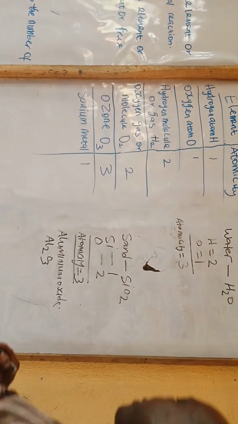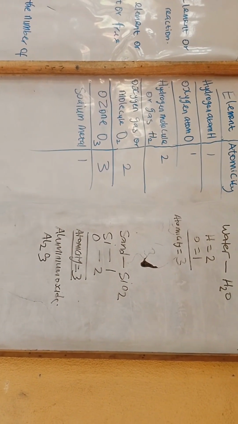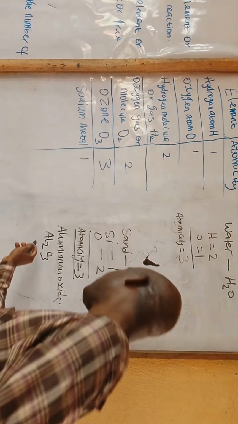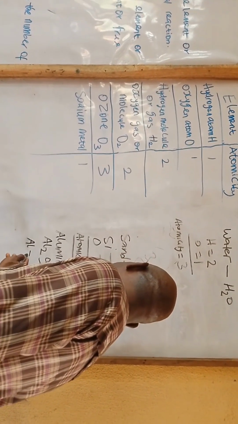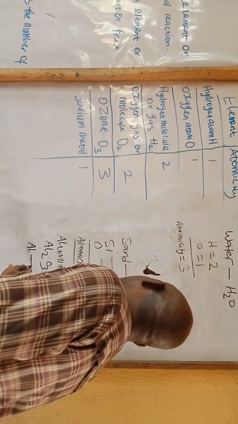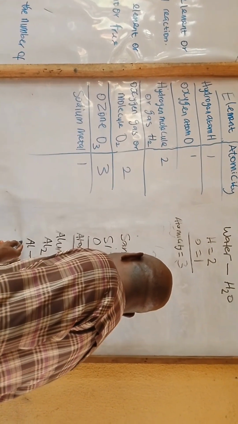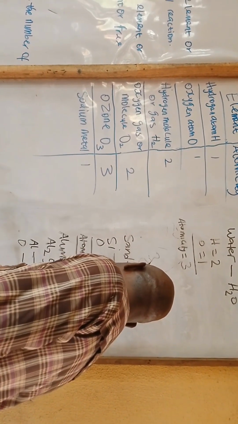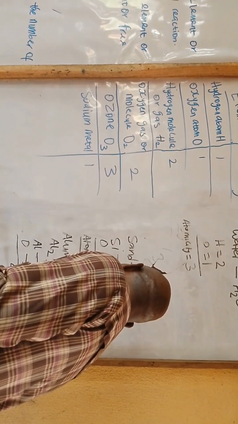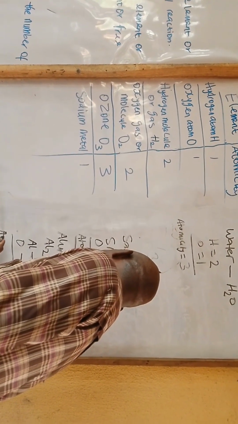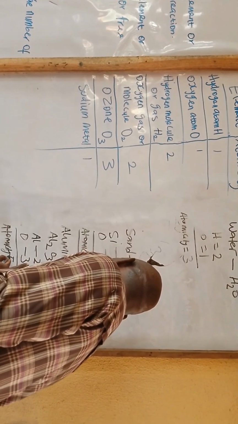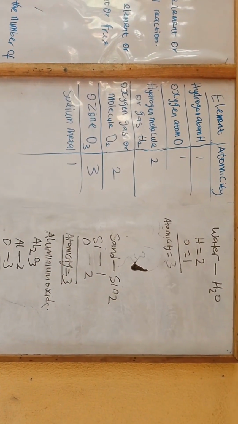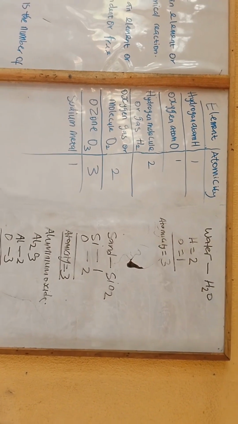Al2O3. So with that, you know that the number of atoms in aluminum is 2. Oxygen is what? 3. The total is 5. So the atomicity of aluminum oxide is equal to 5.